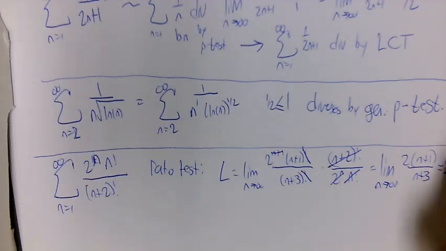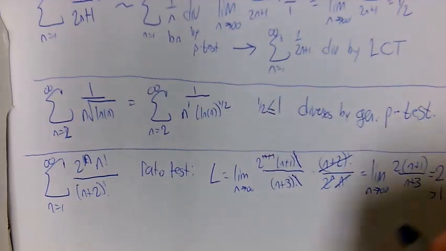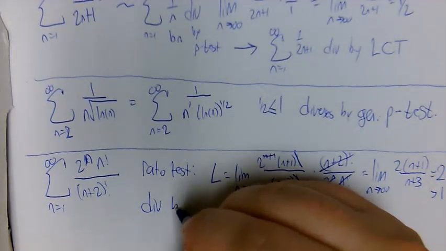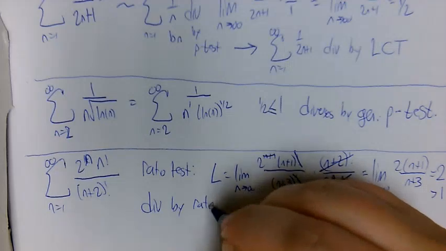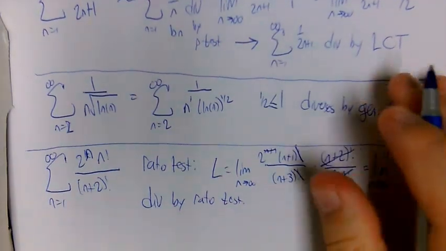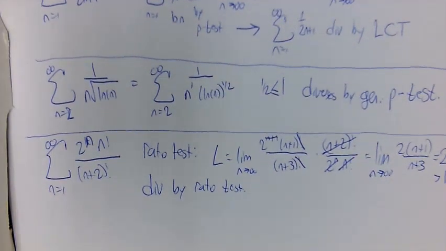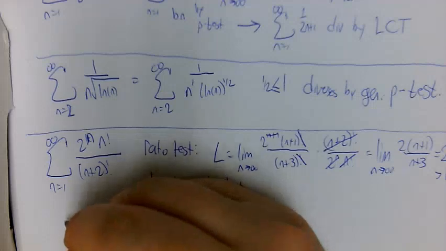Now this is going to equal 2 here, but last I checked 2 is going to be greater than 1. So this is going to diverge by the ratio test. Remember, if we get anything bigger than 1, it's going to end up diverging. All right, let's move on here.